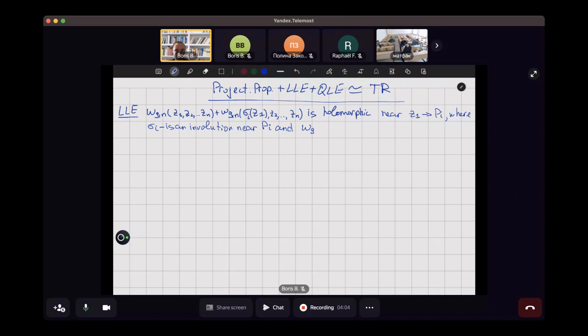Recall that we only wanted simple zeros, because of these sigmas here. As usual, we are in the setting of simple zeros of dx, and also we have the projection property.